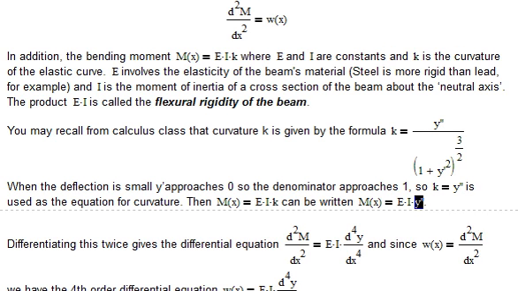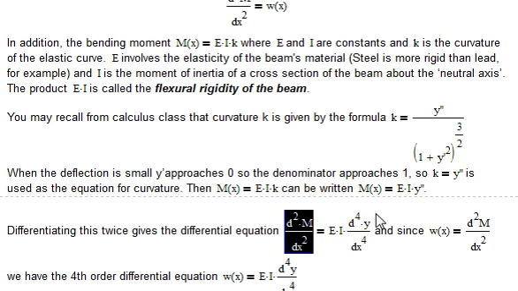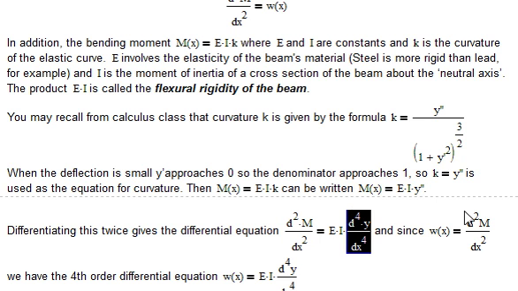But differentiating twice gives us the second derivative of the bending moment equals E times I times the fourth derivative of y, since k is like the second derivative of what we're using as a curvature.